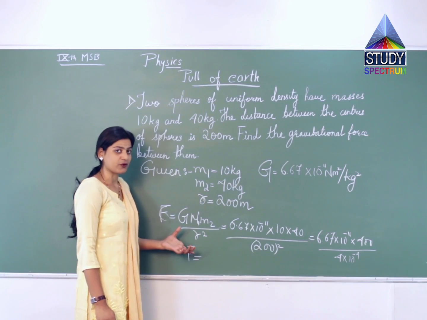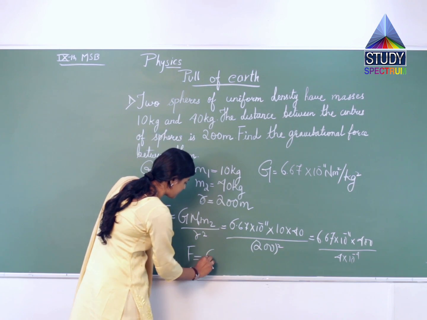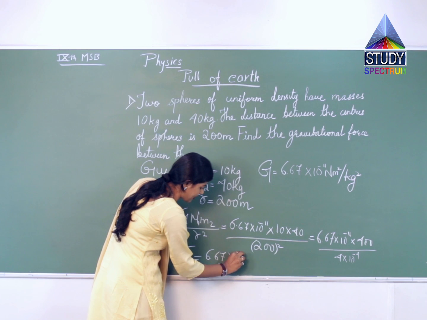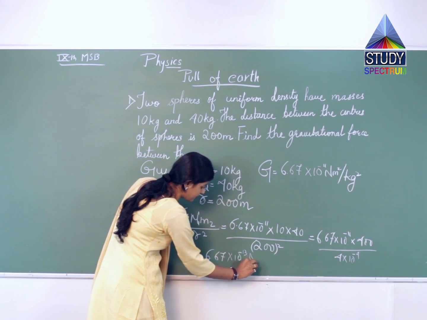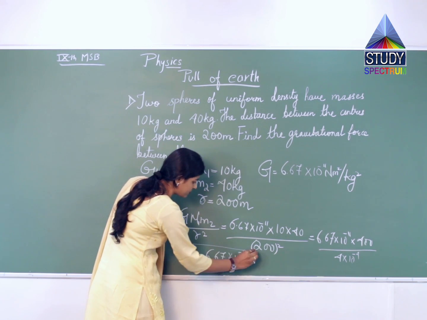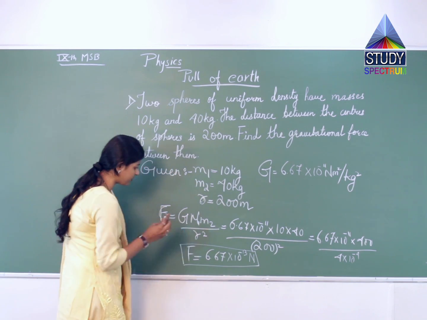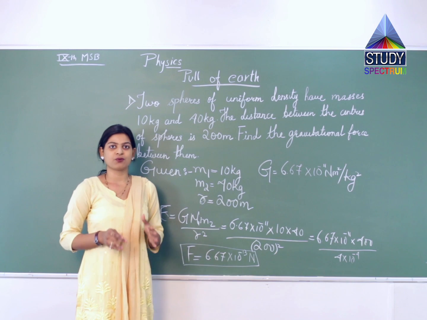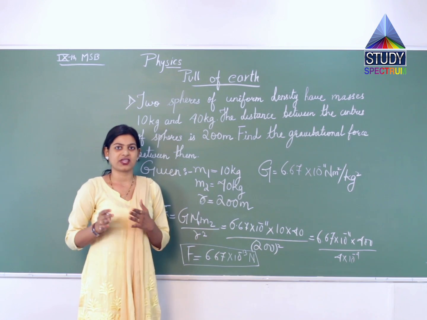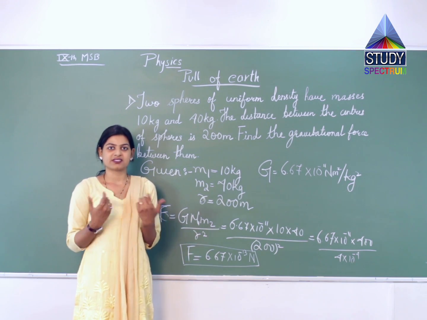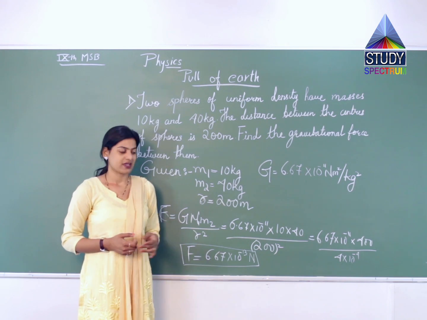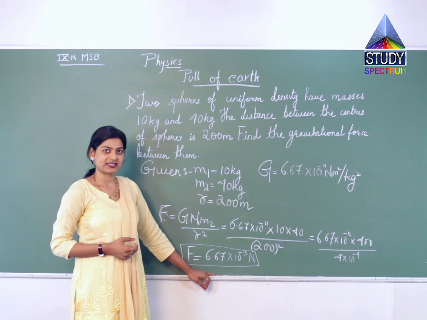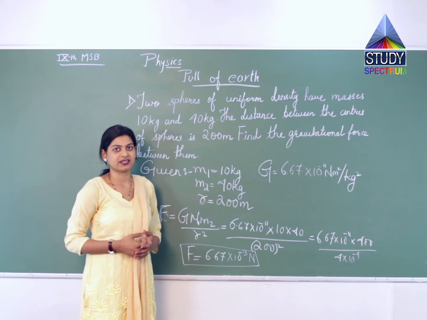So the gravitational force acting on the bodies is 6.67 into 10 raised to minus 13 Newton, as Newton is the unit of measurement for force. So we can say that when there are two bodies of masses 10 kg and 40 kg and the distance between them is 200 meters, the gravitational force acting on both the bodies will be 6.67 into 10 raised to minus 13 Newton.